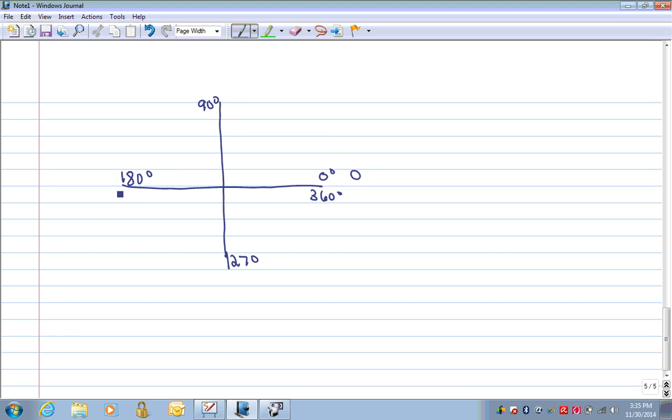Remember that 90 would be half of a semicircle, so this would be pi over 2, since 180 degrees is pi, so half of pi. And if that is 1/2, then pi is really 2 halves, or 2 pi over 2, and therefore 270 is actually 3 pi over 2. 360 would be 4 pi over 2, which reduces to 2 pi.